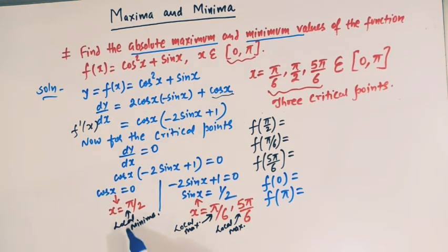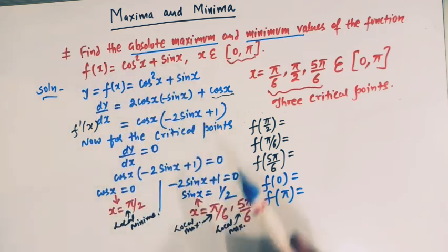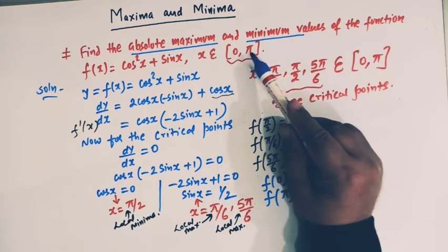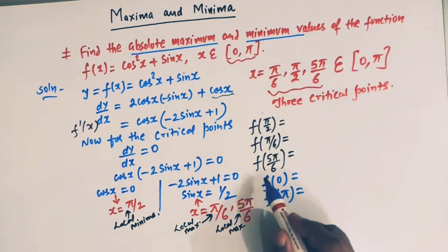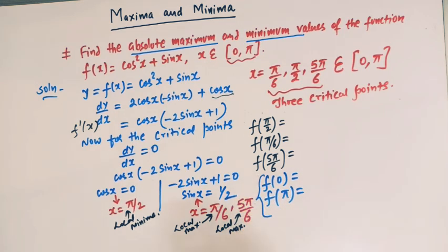Now let us find out the values of the function at these points, right? So here we are given the interval 0 to pi, so we'll also calculate the value of the function at these two endpoints, right?